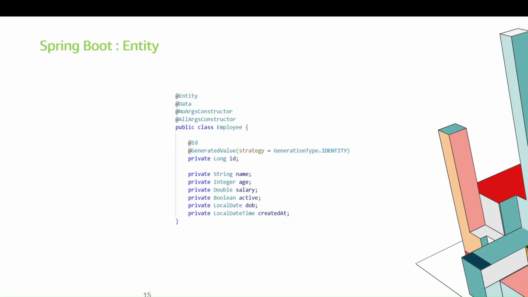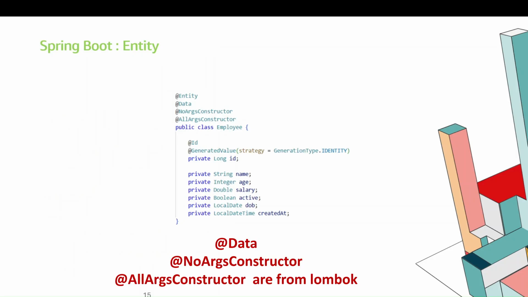Okay, if you look at this entity, I have developed the employee entity. The @Entity annotation means this will be the table name as is. In the database, the table name is employee, and ID will be generated automatically, meaning for every new entry the ID value will be automatically incremented by 1. And these are other attributes like age, name, salary.